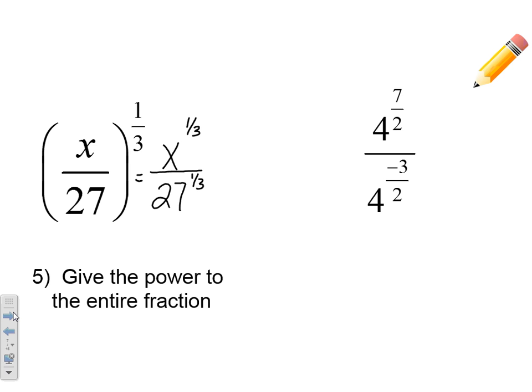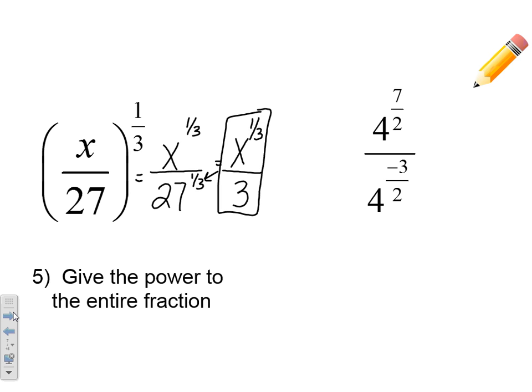Because we remember that a 1/3 power is the same thing as a cube root, and we recognize that 27 is a perfect cube, we should take this one step further and make it x to the 1/3 over 3, because the cube root of 27 is 3. Okay, there's my final answer for the fifth box.